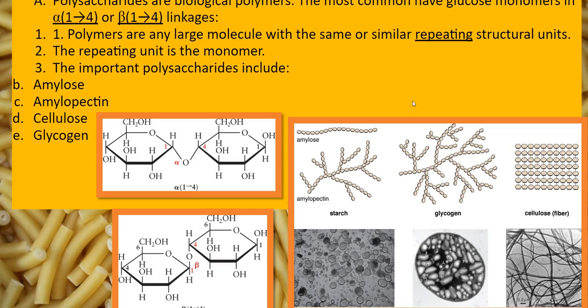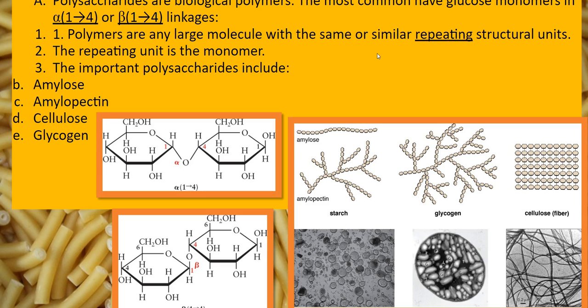So polysaccharides are biological polymers. Glucose monomers are the most common. They can be alpha 1 to 4 linkages or beta 1 to 4 linkages. Polymers are any large molecule with the same or similar repeating structures.